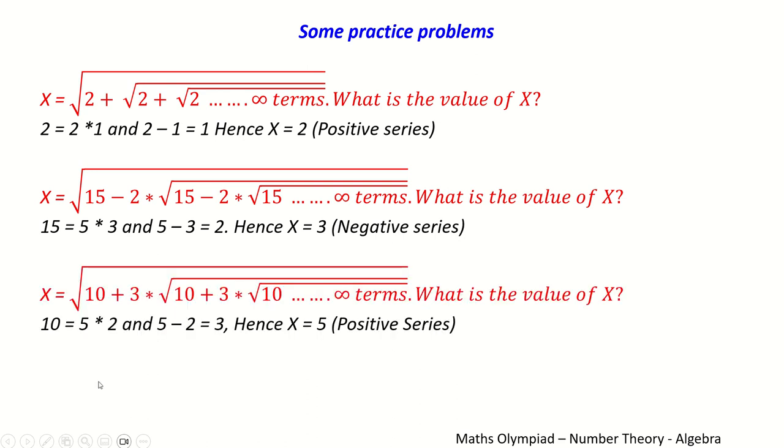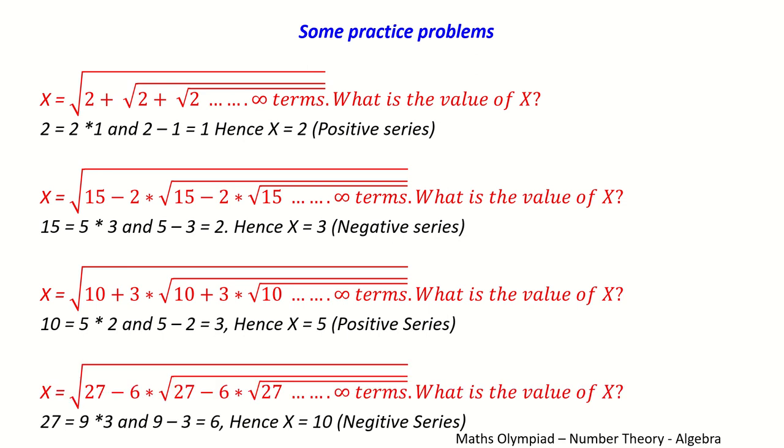Okay, x equal to square root of 10 plus 3 into square root of 10 plus 3 into square root of 10, infinite terms. Here 10 has factors 5 and 2, and 5 minus 2 equal to 3. It's a positive series, so x equal to 5.